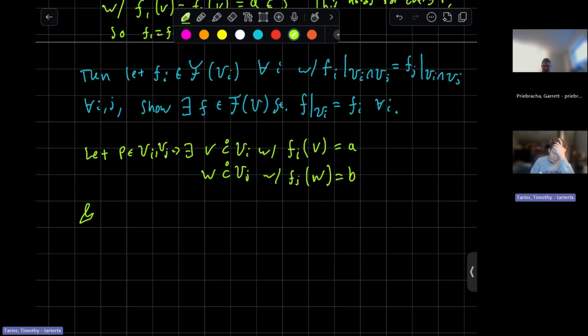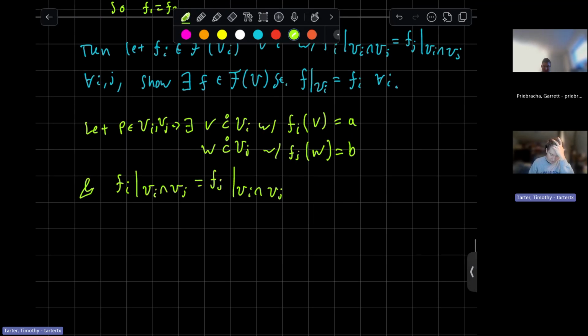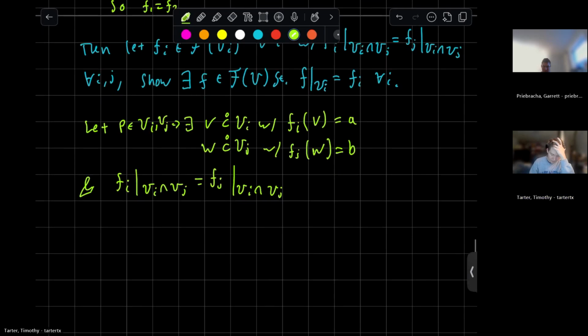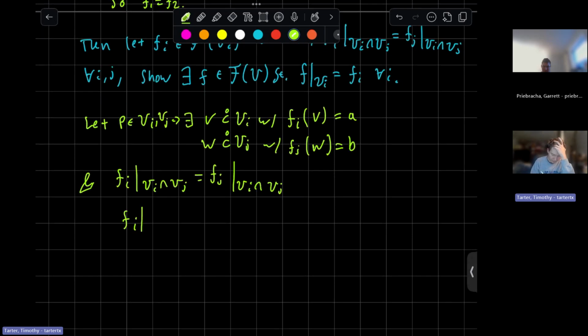But then we need Fi restricted to UI intersect UJ to equal Fj restricted to UI intersect UJ. And since P is in both, this is equivalent to Fi restricted to V intersect W equal to Fj restricted to V intersect W, which implies that A is equal to B.